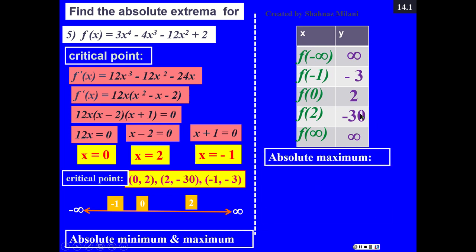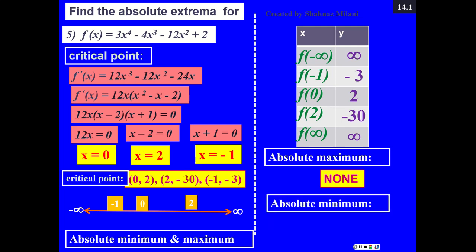Then, absolute max, it happens at infinity, which, remember, when it is infinity for absolute max, absolute min, we are going to indicate that none. Don't forget about that one. The absolute min, that is going to be the lowest, which is absolute min of minus 30 at the x is equal, the x value, which is 2.